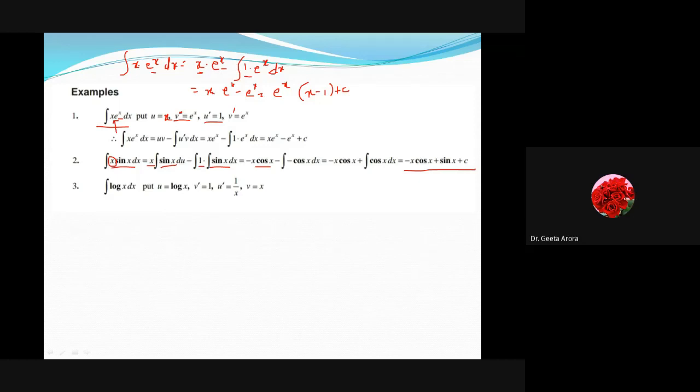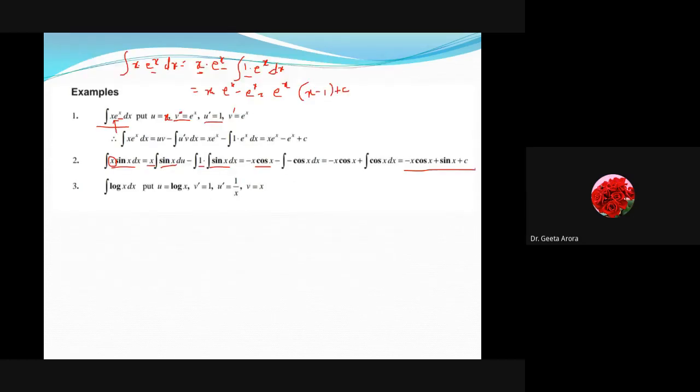Similarly, if we talk about log x, whenever we are working with log x, we take the first function as log x and the second function v as 1, because log x can be written as log x into 1, you know? So that's why we are taking log x and 1.